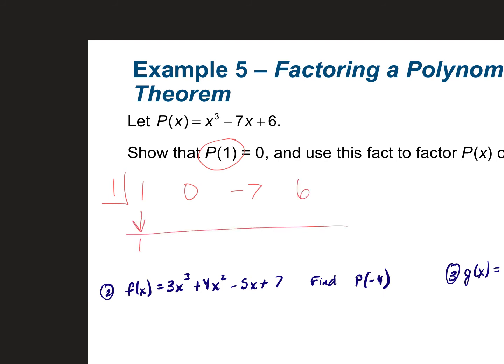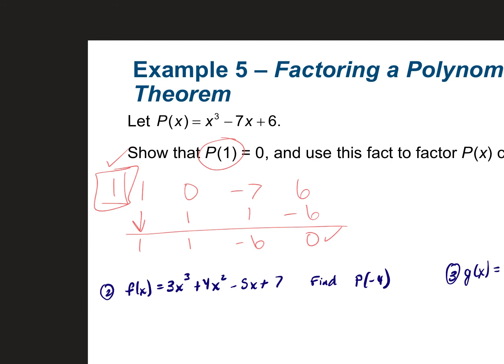Bring down your 1. What is 1 times 1? 1. What's 0 plus 1? 1. What's 1 times 1? 1. What's negative 7 plus 1? Negative 6. What's negative 6 plus 1? Negative 6. What's negative 6 plus 6? 0. So is 1 a factor?